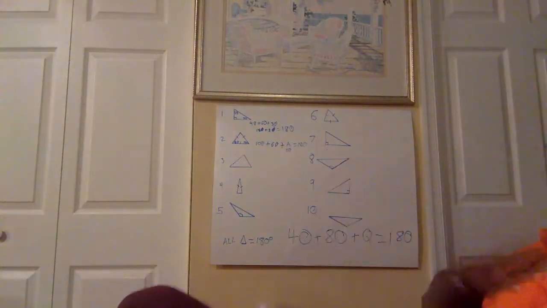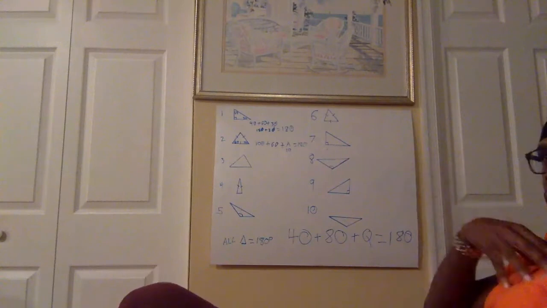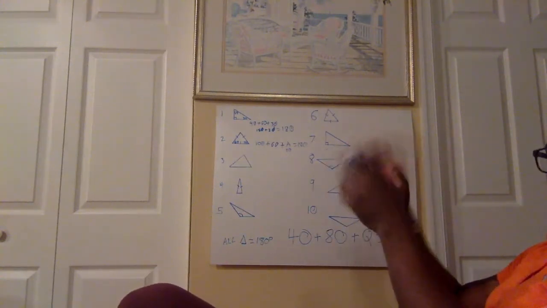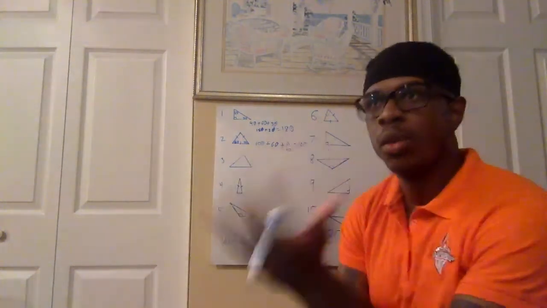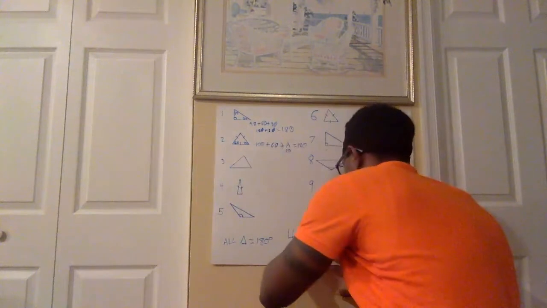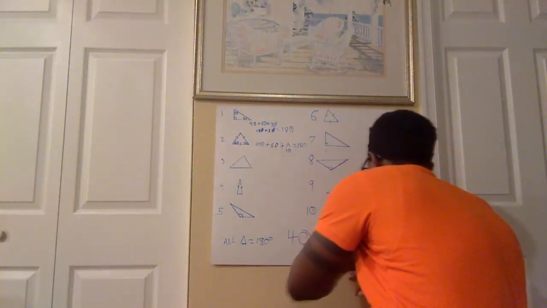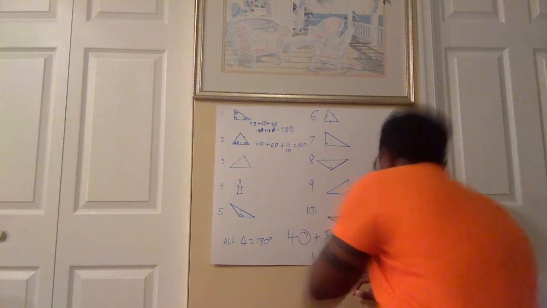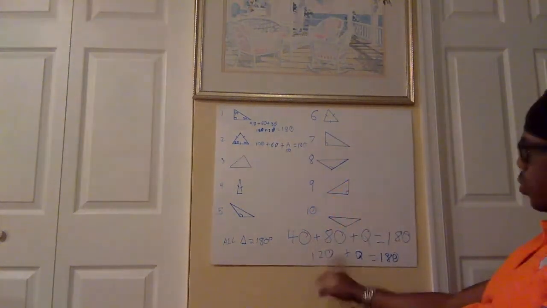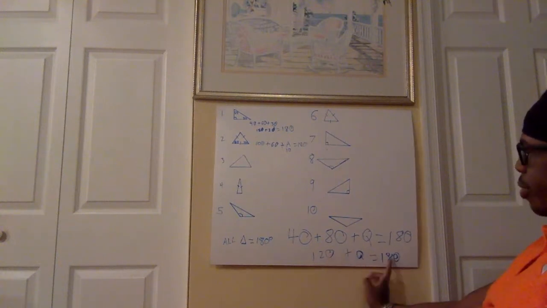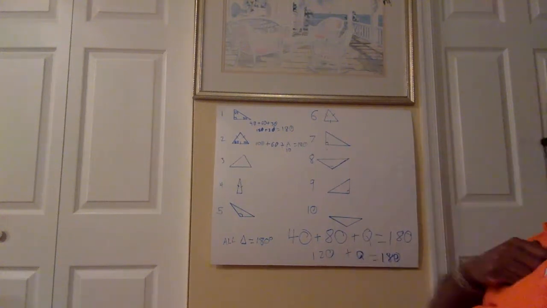We know that 120. What I like to do, there are two ways to do it. One way is we're adding with numbers in base 10. So all we need to do is we're at 120 right here plus something equals 180. Because we know that we're adding base 10, we can just take the zeros away and then just add our way up to 180.